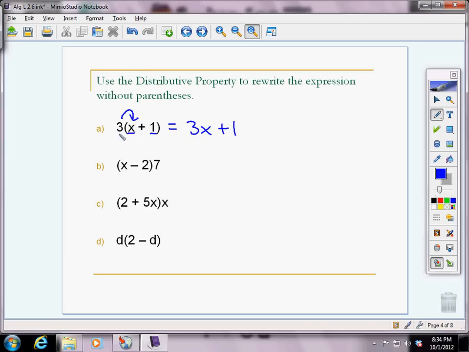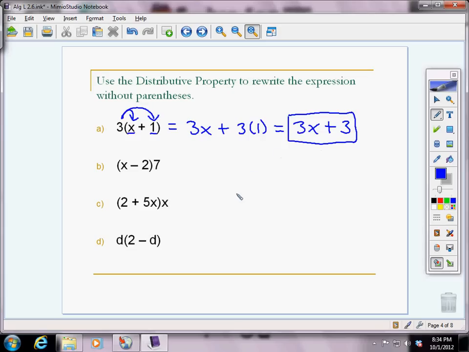Well, remember, 3 is multiplying this whole quantity, this whole sum. So not only do we have to multiply the 3 by x, but we also have to multiply the 3 by the 1. We don't know what x is, so we have to just leave it as 3x. But 3 times 1 is 3.